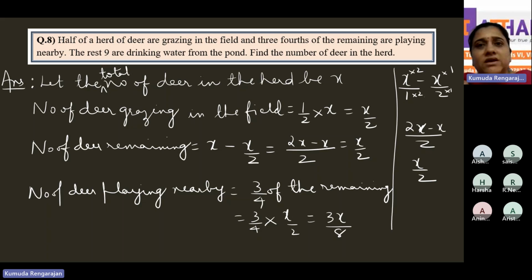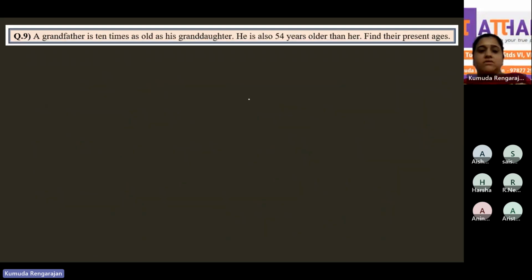So how many remain? X minus X by 2. On taking the LCM, you get X by 2 remaining. Now 3/4 of the remaining are playing nearby. So the number of deer playing nearby is equal to 3/4 of the remaining, 3/4 into X by 2, which is 3X by 8. Now 9 others are drinking water from the pond. Find the number of deer in the herd.